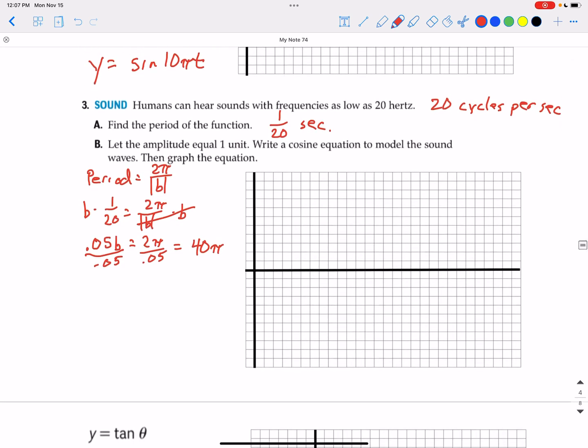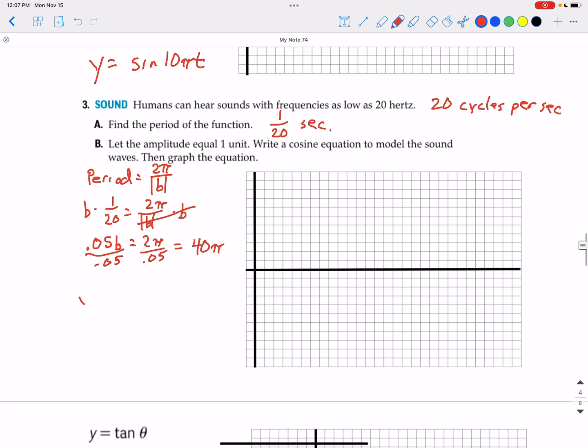So with a b value of 40 pi and doing a cosine function, we'll have y equals, the amplitude, as stated, is 1 unit, so that's the a value, so that'll be 1 cosine of 40 pi t. So we already know what the period is, though. The period is 0.05 seconds.